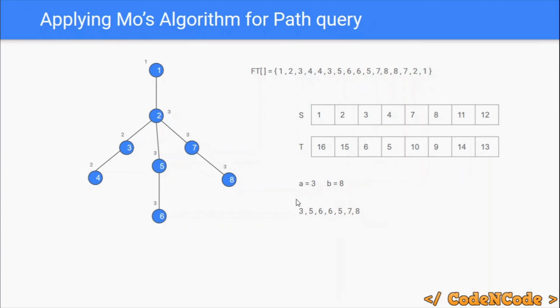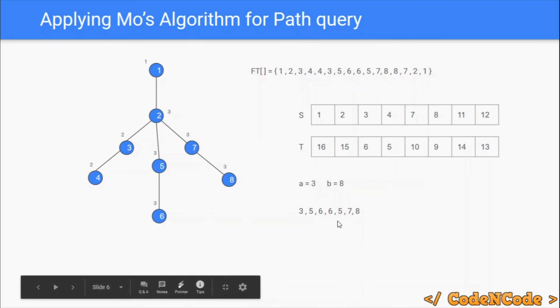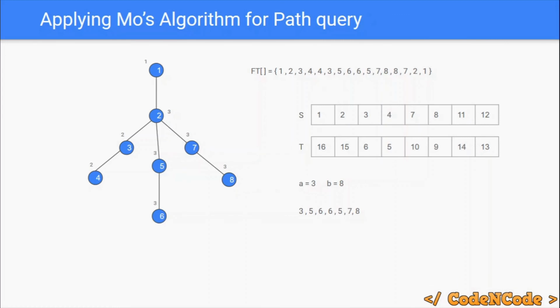All of the nodes in between, you would see those nodes that appear twice do not lie on the path from A to B, and those nodes which appear exactly once lie on the path from A to B, except the LCA. So this is your task. This is kind of an assignment.